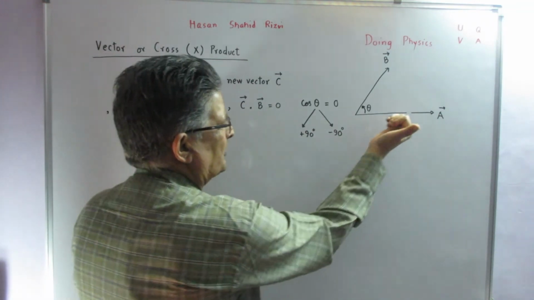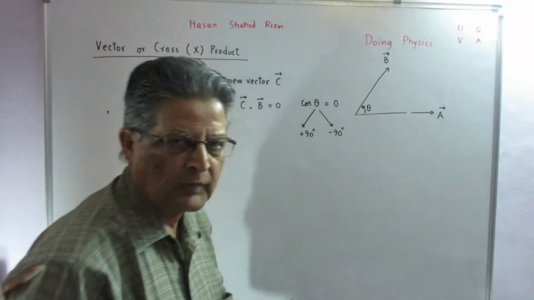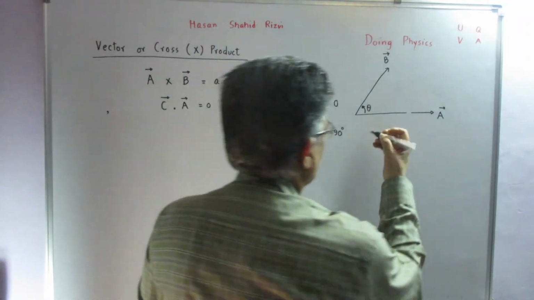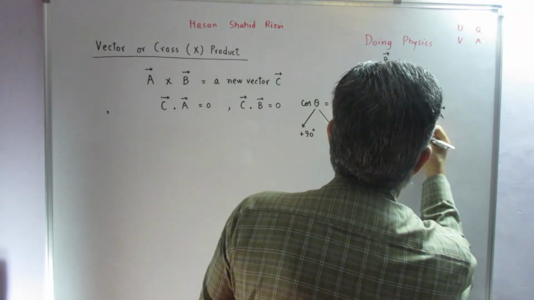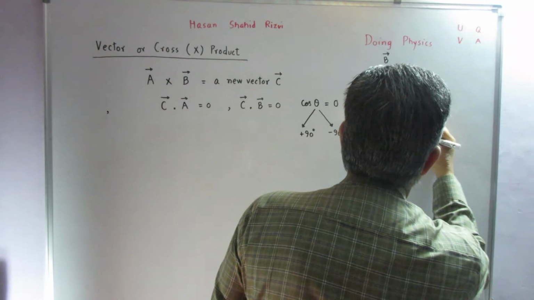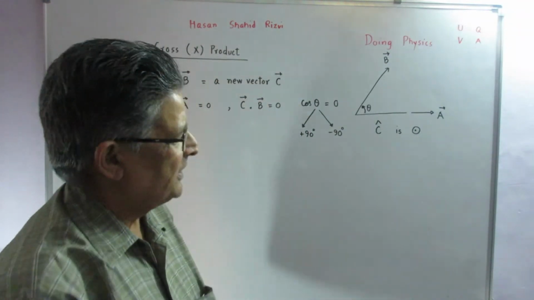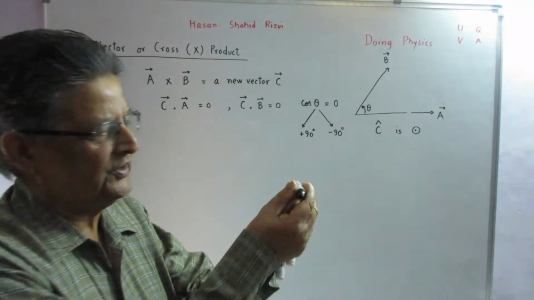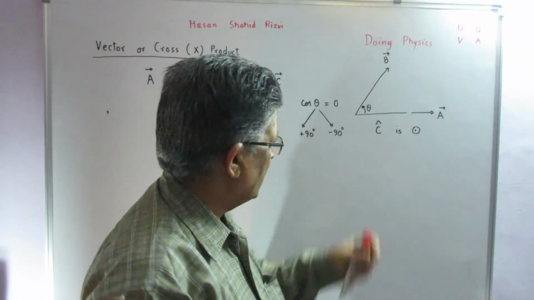And what will happen is that my thumb will point outside from the board. So for this new vector c, the direction of c cap is like this. I introduced this before, and I said that this is an arrow which is coming out of the board. So c is like this.